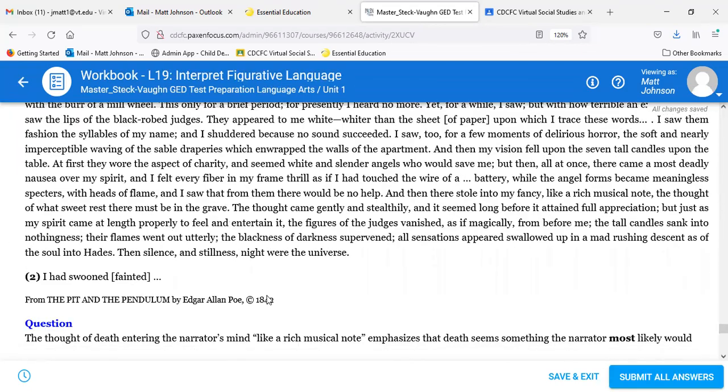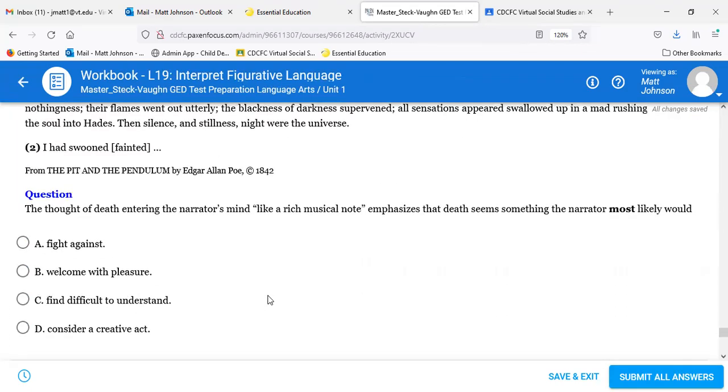Edda, you want to take 14 for us? The thought of death entering the narrator's mind like a rich musical note emphasizes that death seems something the narrator most likely would A, fight against, B, welcome with pleasure, C, find difficult to understand, or D, consider a creative act.